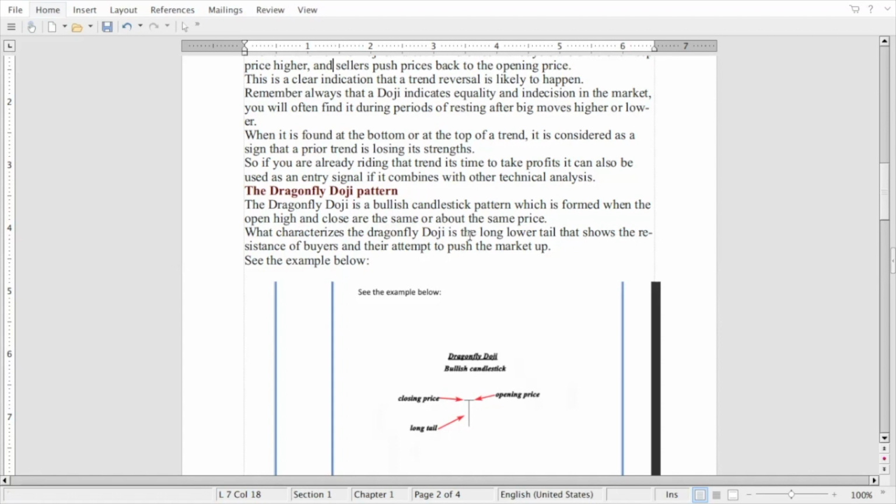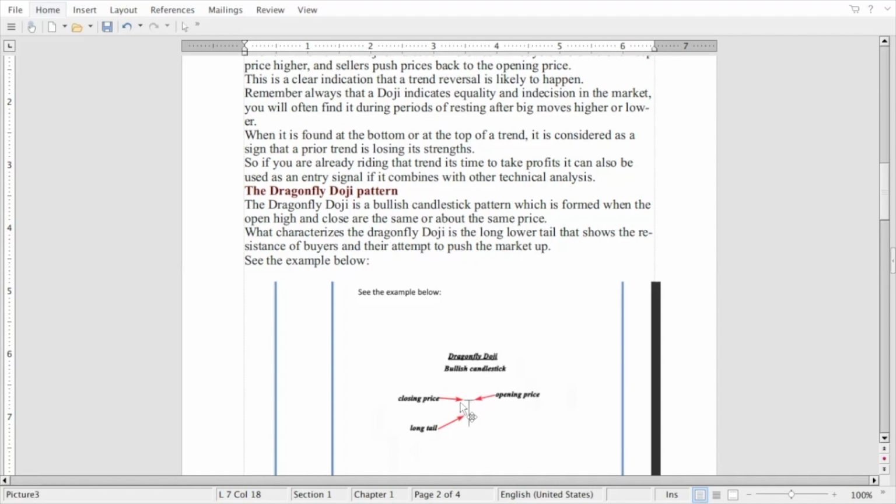Okay, so it's a bullish candle pattern, which forms when the open, high and close are the same or about the same price. What characterizes the dragonfly is a long lower tail that shows resistance of buyers and the attempt to push the market up.